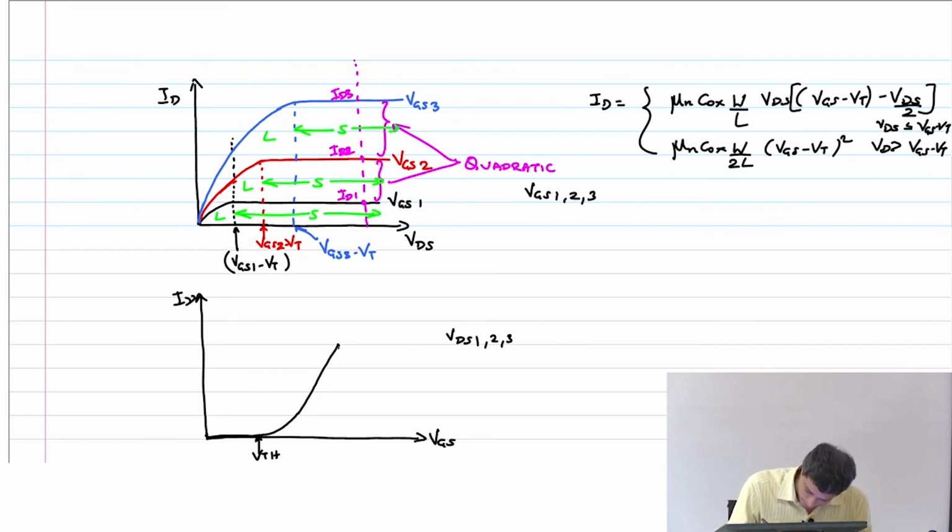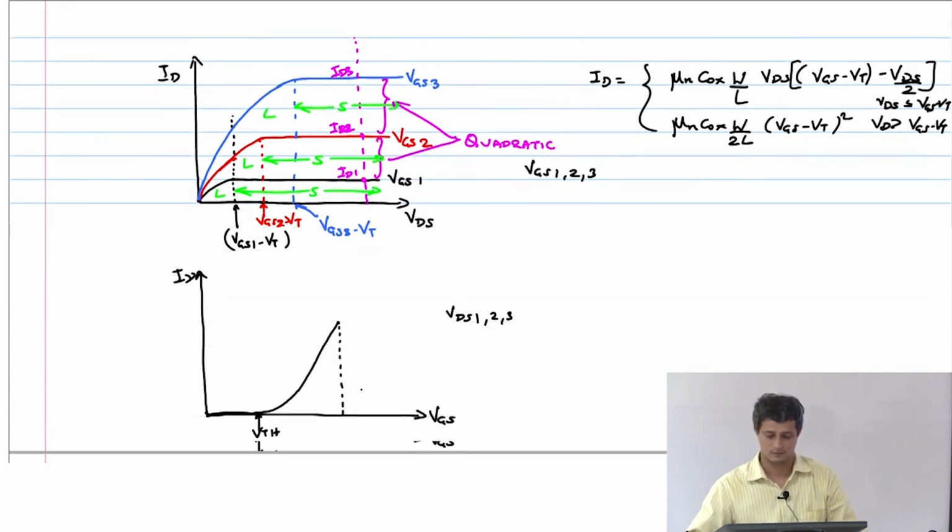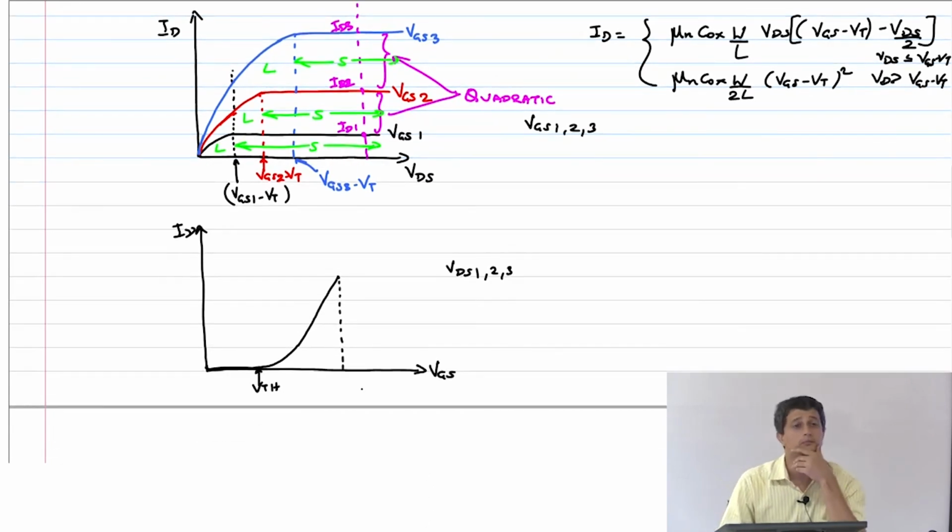So you will have a quadratic curve until what point? There is some point where this behavior will change. So when will the region of operation change? It is starting in this region, VDS is greater than VGS minus VT. Now I am sweeping VGS.